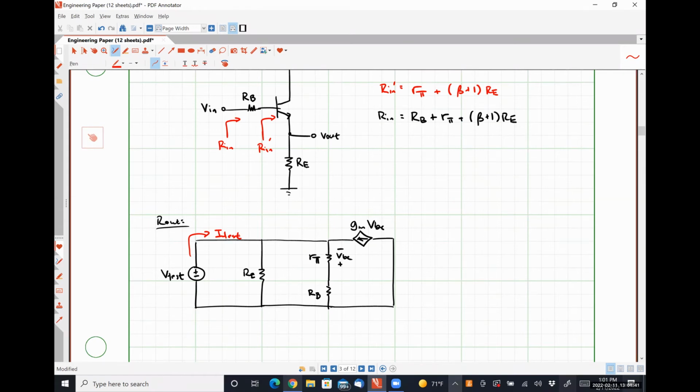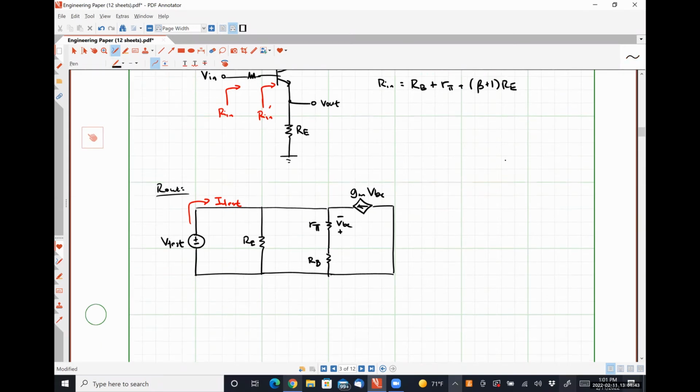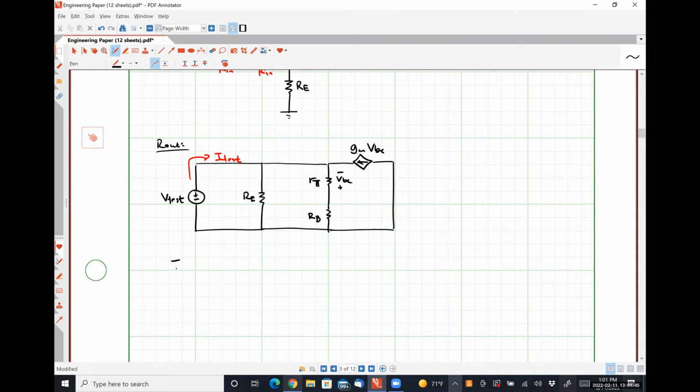And we can say that I test is V test over RE plus V test over R pi plus RB, minus GM.